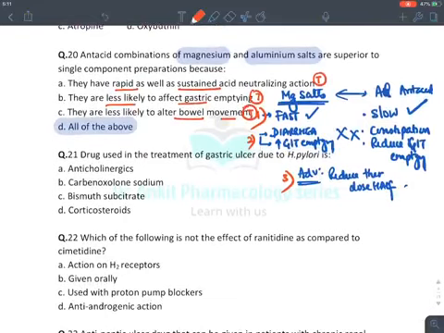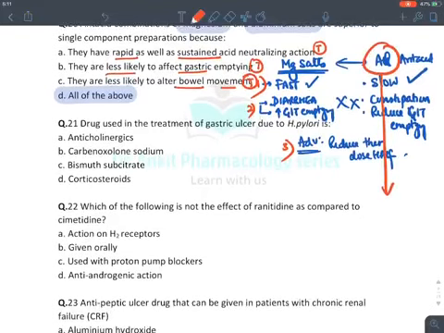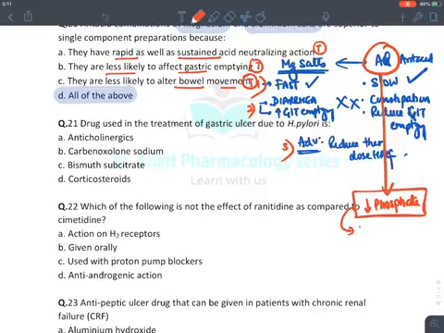Okay, remember this part. Now what is the side effect of aluminium containing antacids? Remember, aluminium containing antacids reduce phosphate absorption from GIT. Because of reduced phosphate absorption in GIT, they may cause hypophosphatemia, which can lead to osteoporosis.